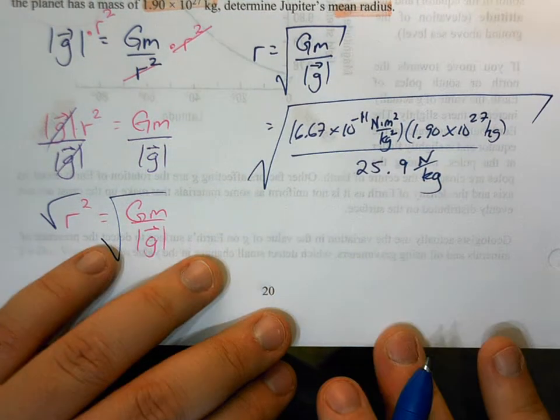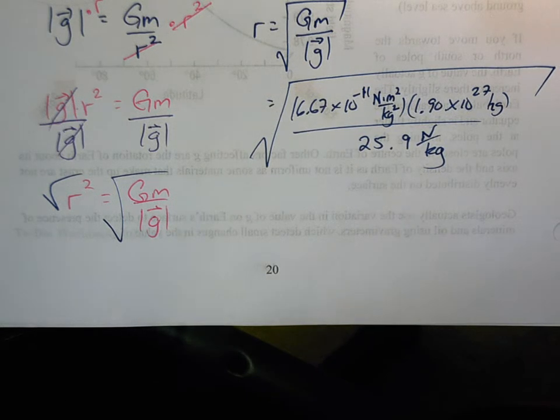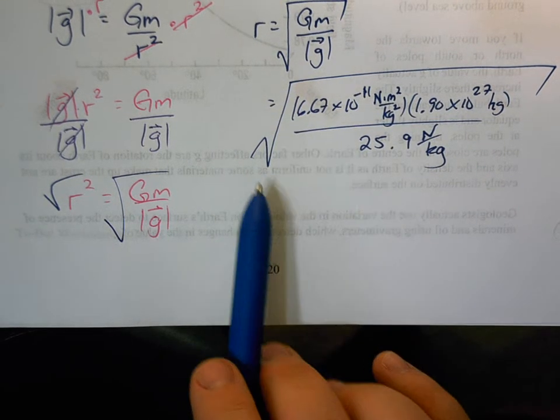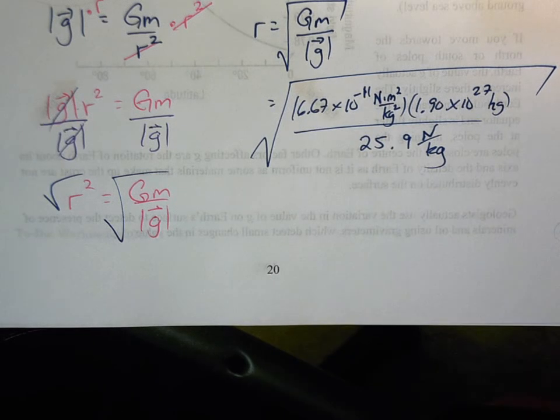And of course, we want to square root that whole thing. Just like when we were doing Newton's law of universal gravitation, if your answer seems a little funny, trust your gut. The biggest mistake with these types of questions is not square rooting. So don't forget your square roots. Squares and square roots seem to be the killer of students in Physics 20 and 30.